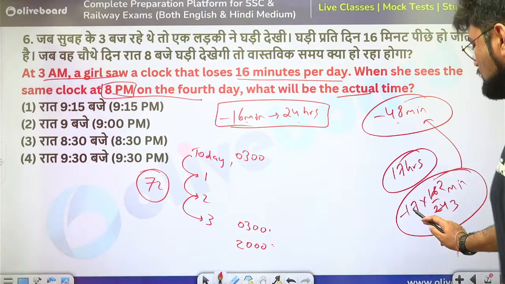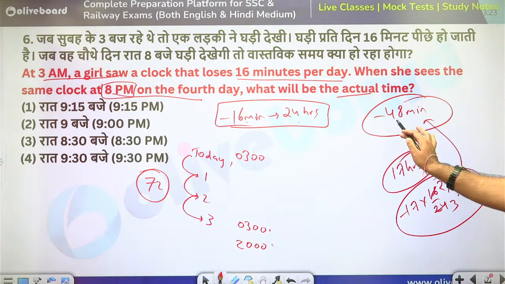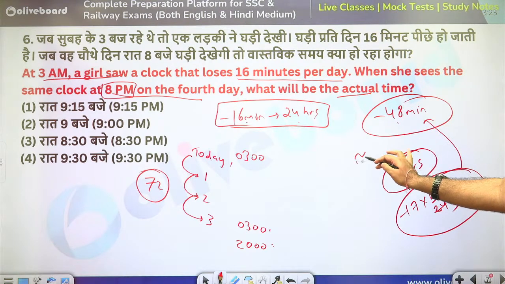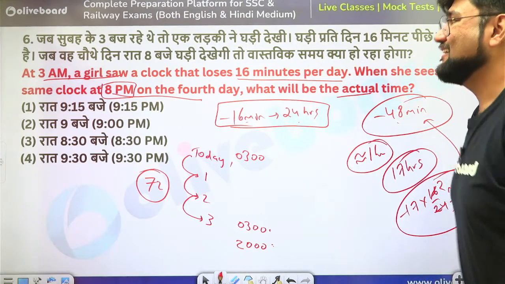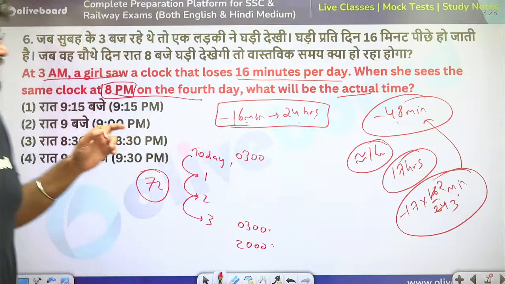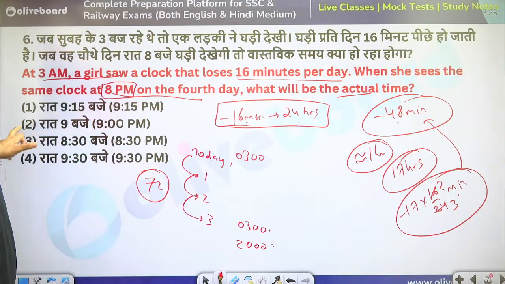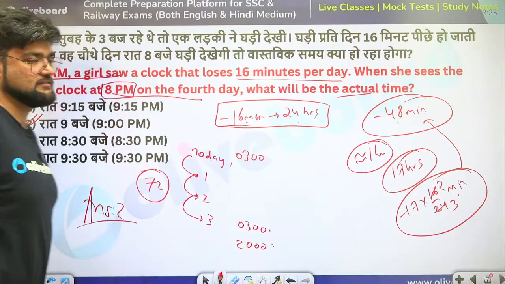You don't have to calculate the exact calculation. It's always rough. So I can cancel this 6 times here. This is less than 12 minutes in fact. So roughly 12 minutes means this is somewhere less than 60 minutes, so less than 1 hour. Approximately 1 hour. That means the clock is slow by approximately 1 hour. So if it is showing 8 p.m., the actual time would have been 9 p.m. Option 2 is the correct answer. This is how you solve these questions.